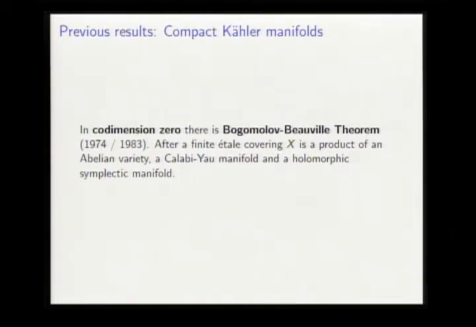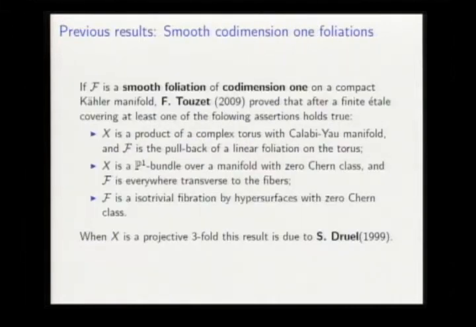Essentially, Beauville uses Yau's theorem to provide a metric on the variety, and the decomposition comes from the standard de Rham decomposition theorem for metrics, essentially analyzing the holonomy. So it involves deep analysis. To the best of my knowledge, the only proof available of this result involves very deep analysis. It requires Yau's theorem.